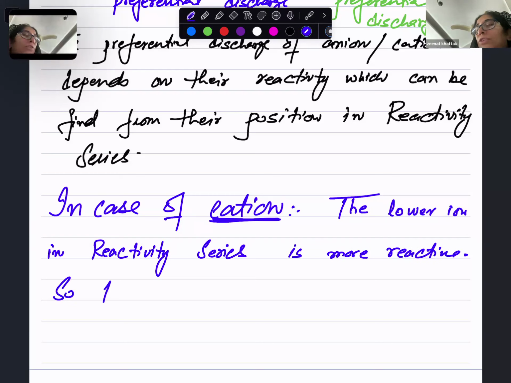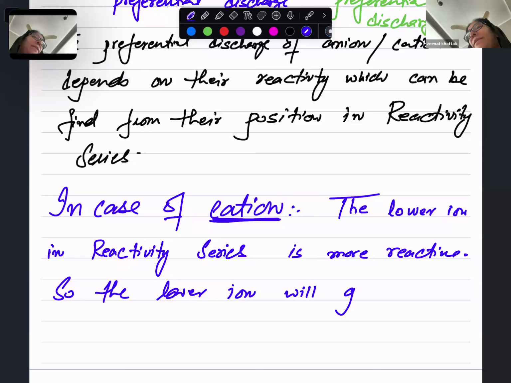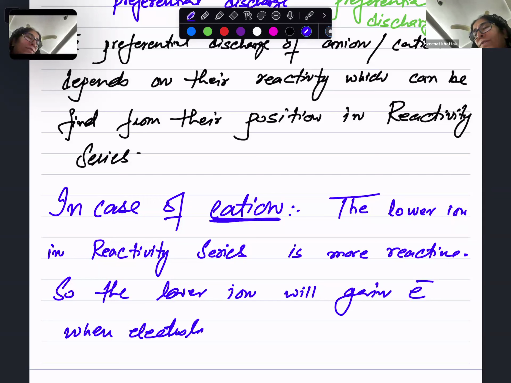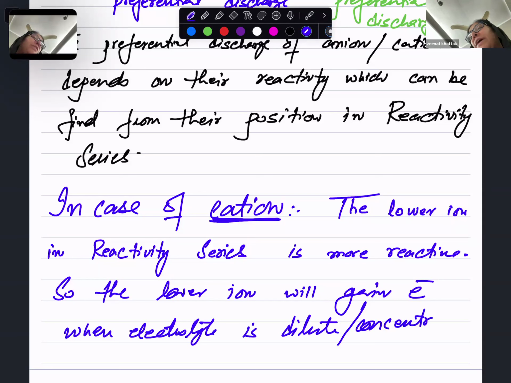So the lower ion will gain electron during electrolysis, dilute or concentrated, whatever.